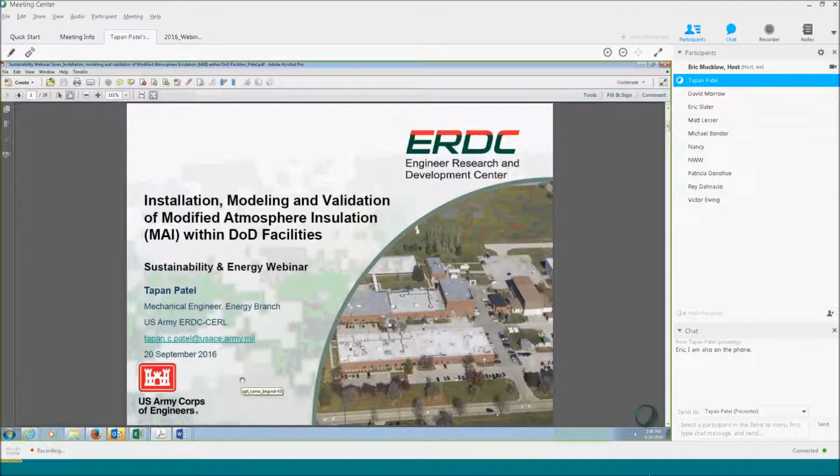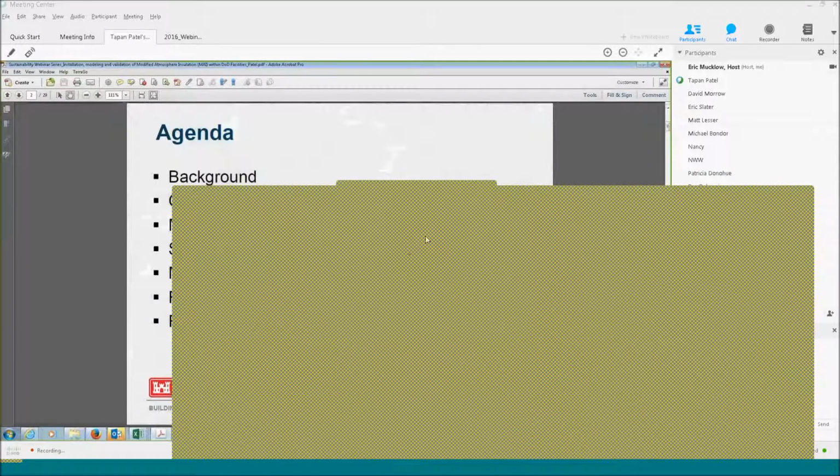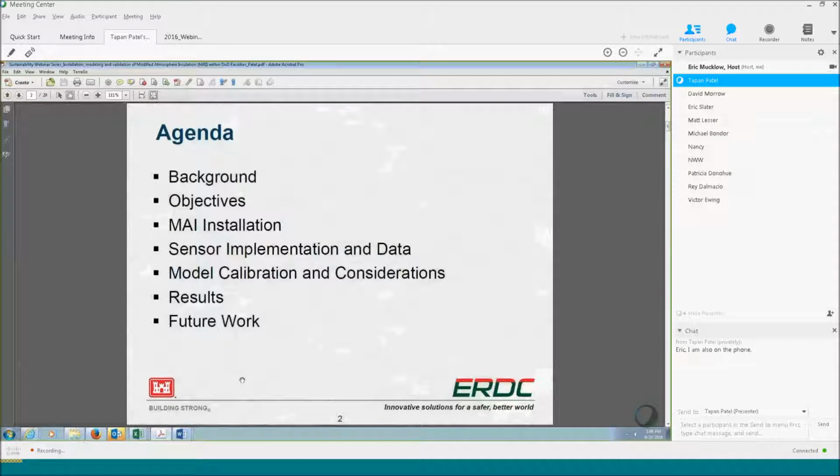But before we get into that, real quick, our agenda here. The overall goal of this webinar is to really discuss the implementation and the modeling aspects of MAI. So keeping that in mind, there's a few objectives we have as part of the program that funded this work.